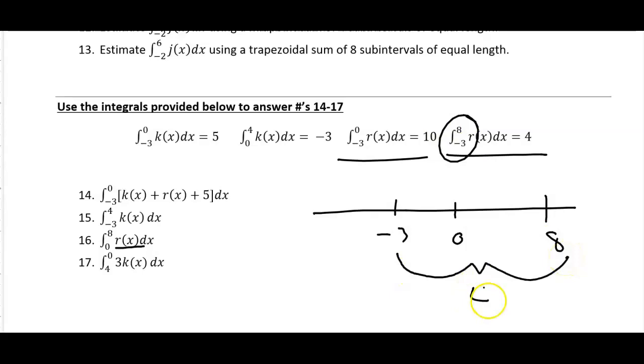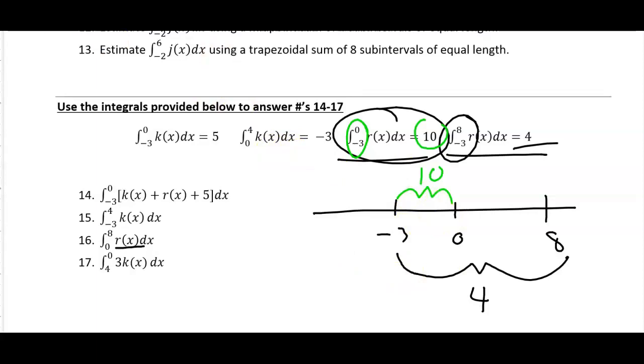And that integral gives me a value of 4, it looks like, right? This integral only goes from -3 to 0, though. And that one gives me 10. Now, this obviously is not drawn to scale, but it could help us understand the process a little bit, okay?